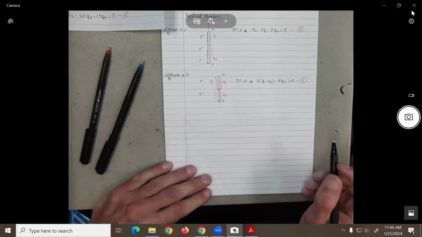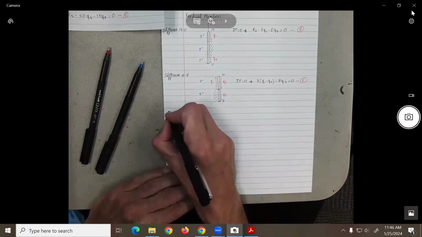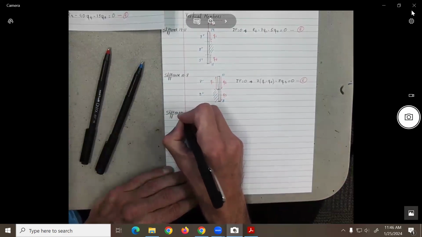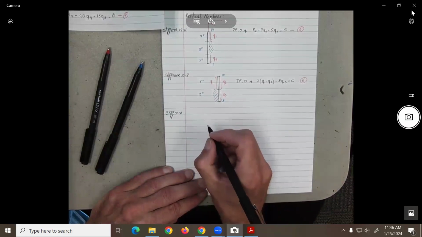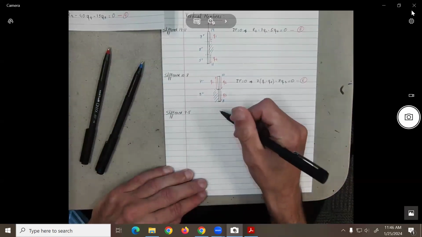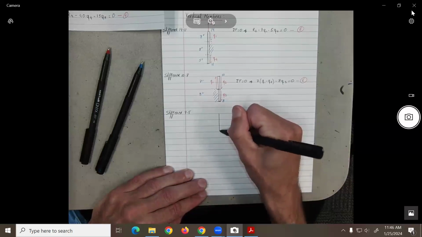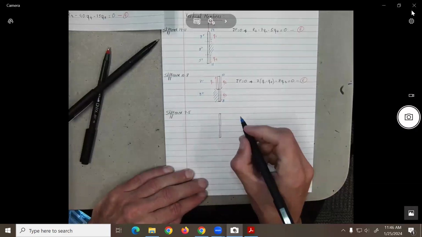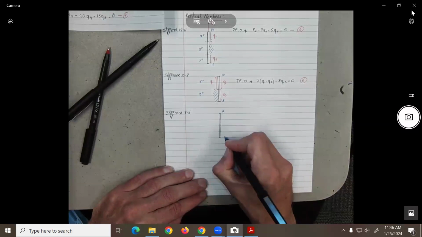All right, almost there. Next one will be stiffener 7.5. So that's another short one. Seven, 5.